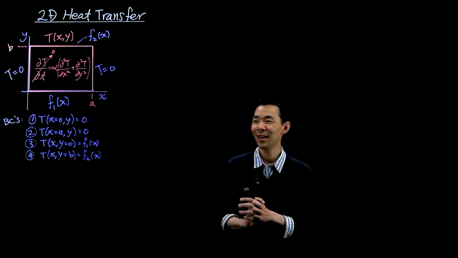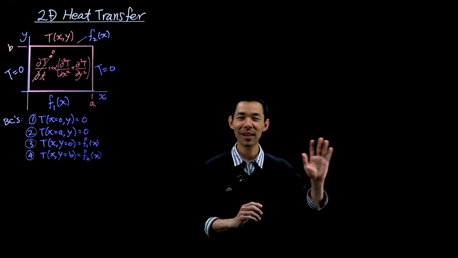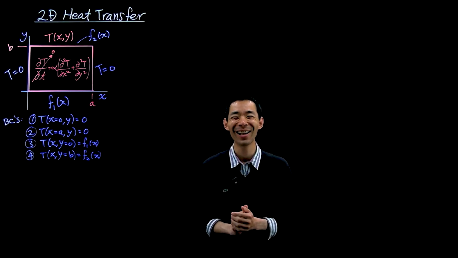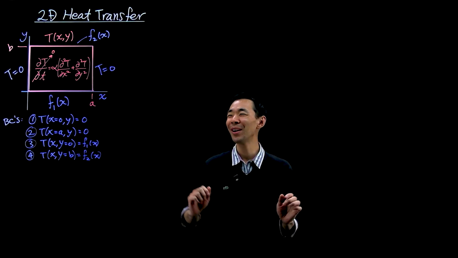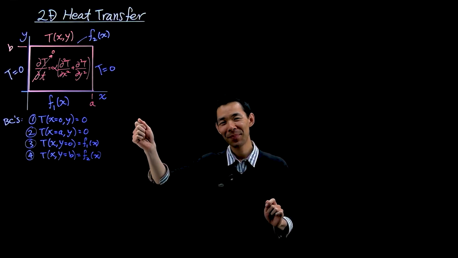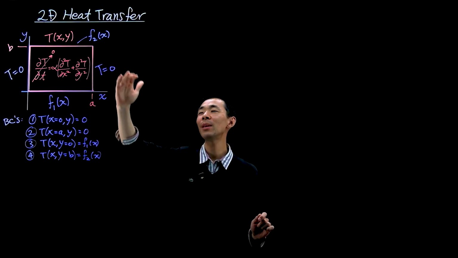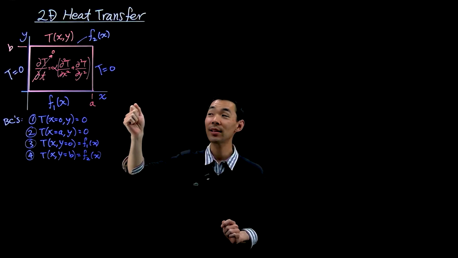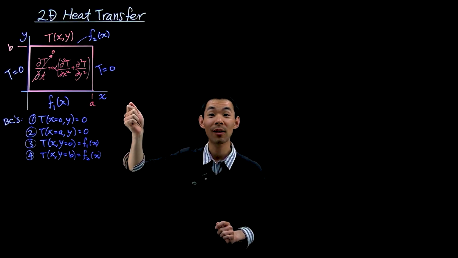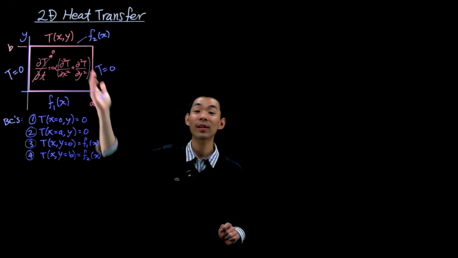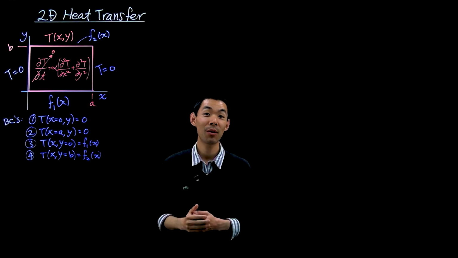So I erased everything. I was getting nauseous looking at all the equations, so it's good to clean up the board. But my last question that I posed: what happens if the boundary conditions weren't as convenient as I posed it here? What if all four sides were some non-zero number?